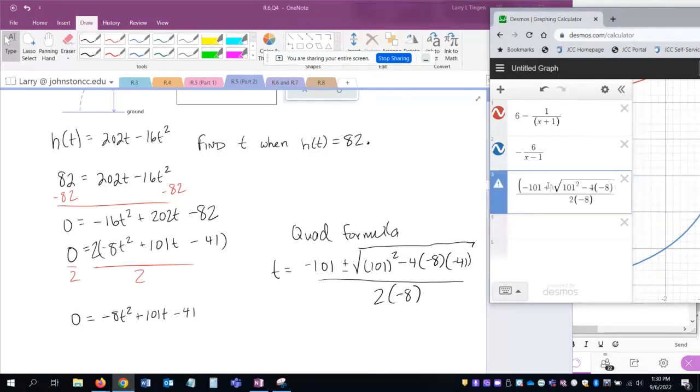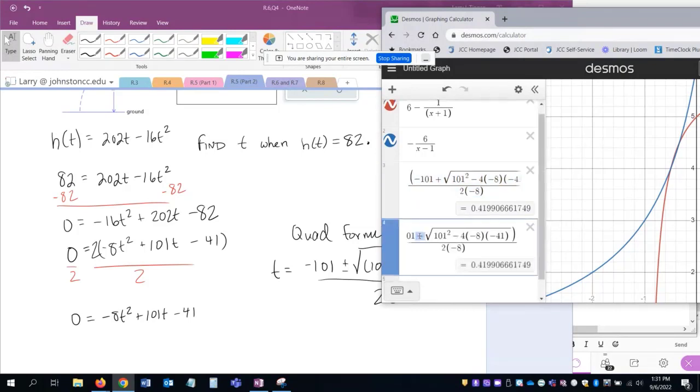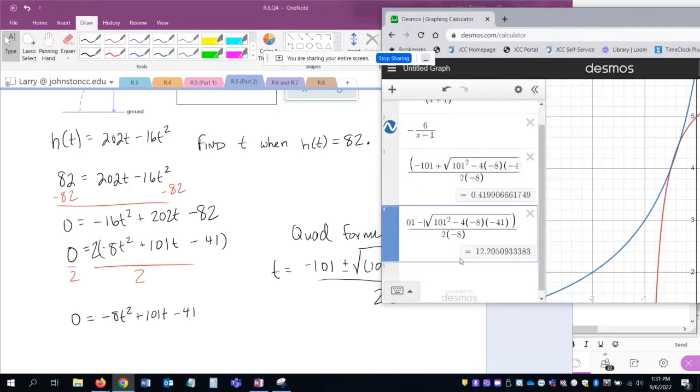Oh, I got a slash in there behind that square root symbol. So there's one of them, right? So that's the equation for when this is a plus. What is it for a minus? Well, I'm just going to copy, paste, and then just switch that plus for a minus. And here are our answers.